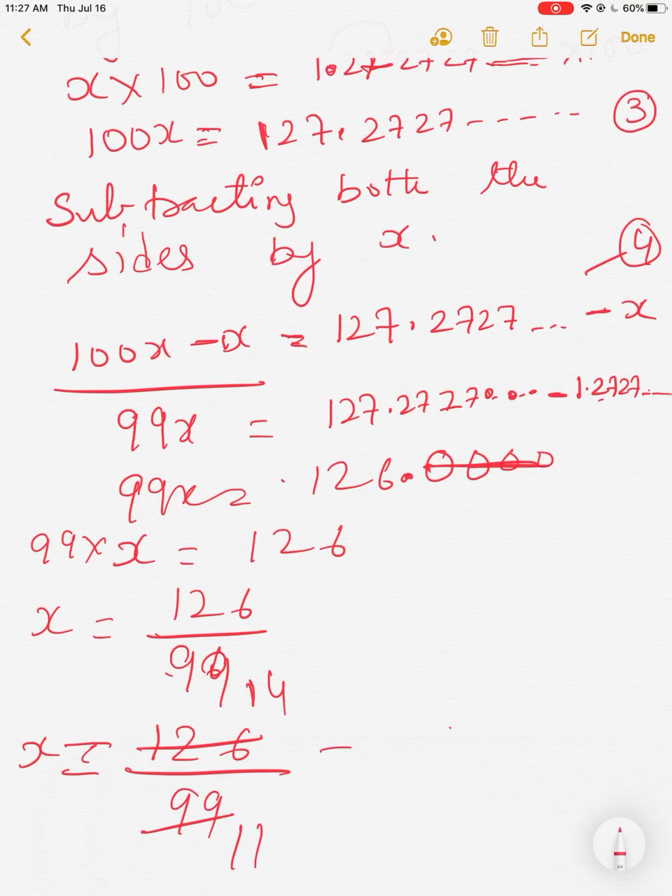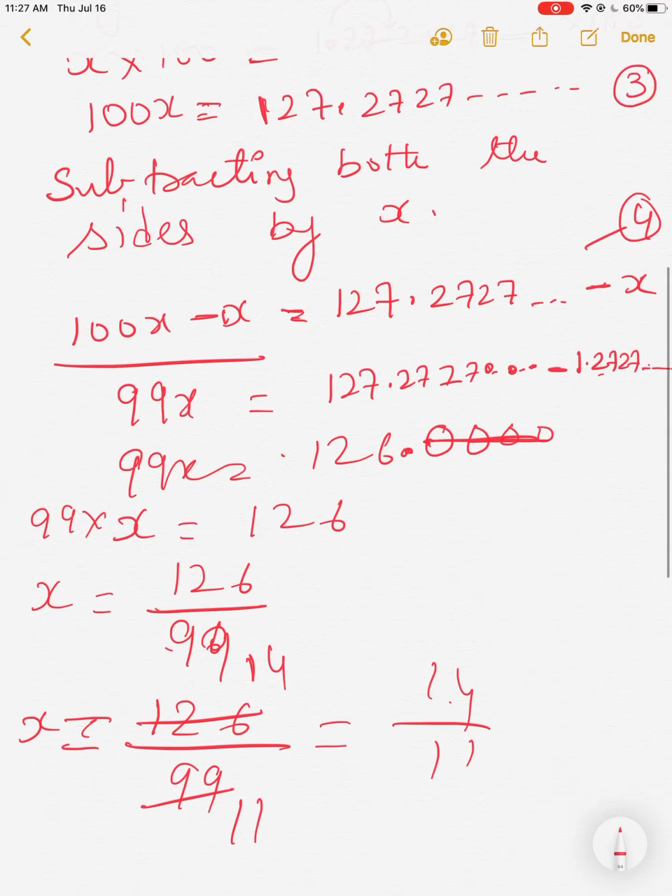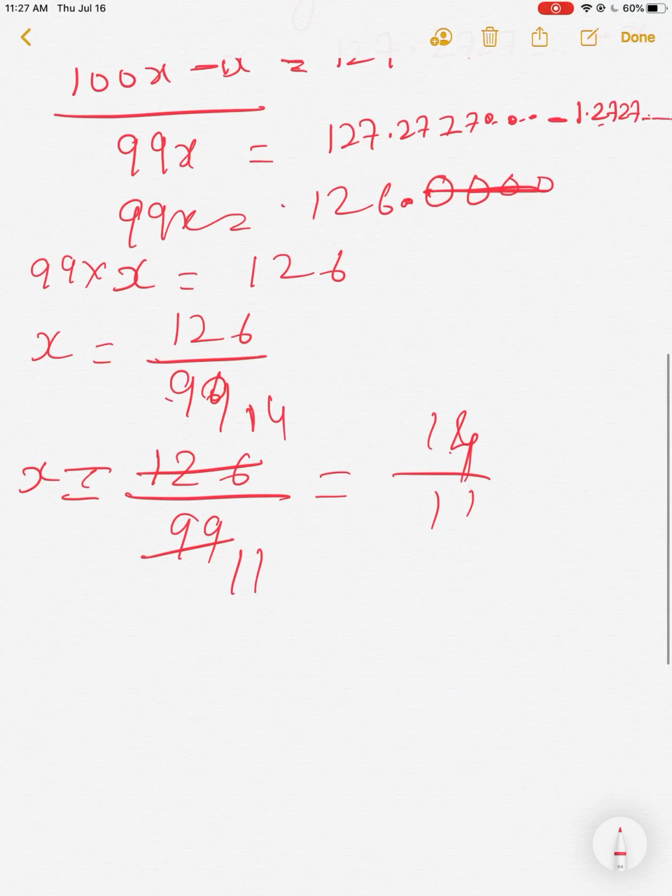So we are getting 14 upon 11, in the P upon Q form.